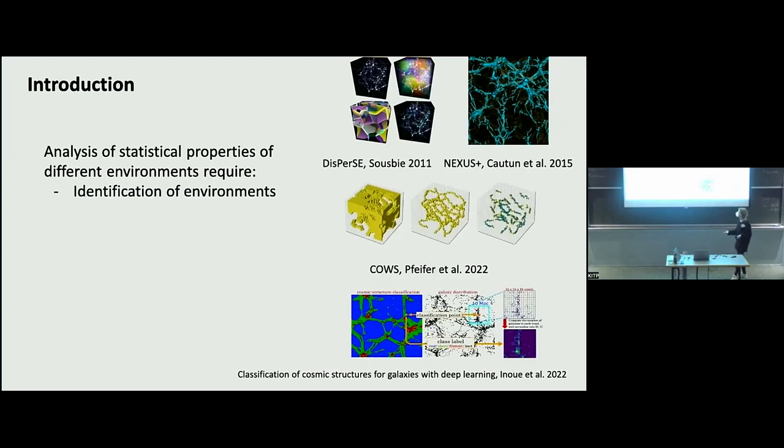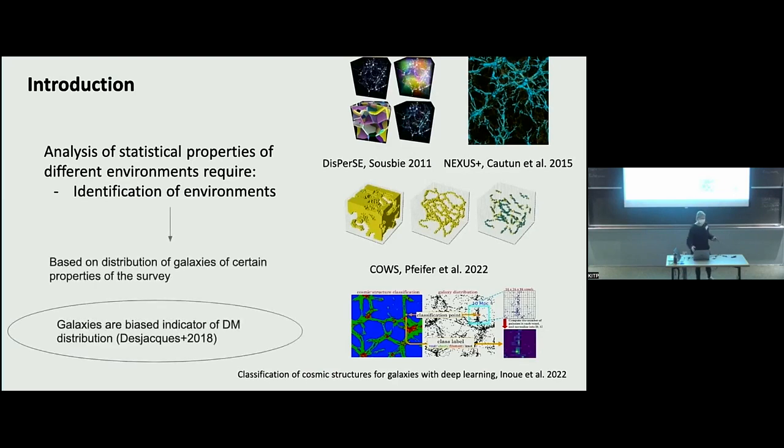It depends on the ideas on which these tools are built, from topological methods up to deep learning. But in the real universe, we are not able to investigate the distribution of dark matter. We can use only the distribution of galaxies, which are a biased indicator of the distribution of the whole matter in the universe.